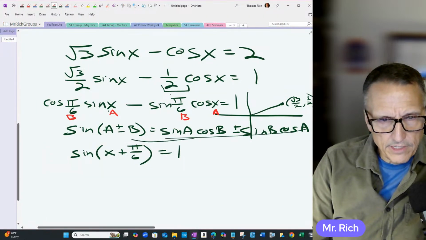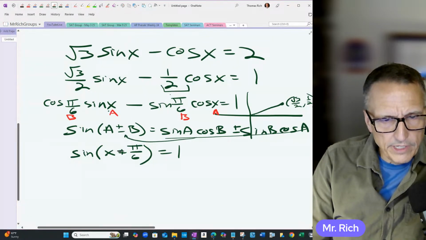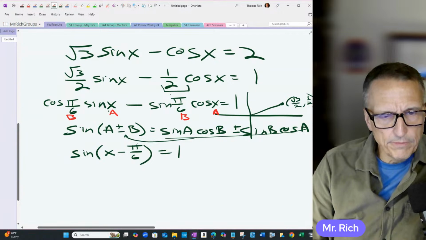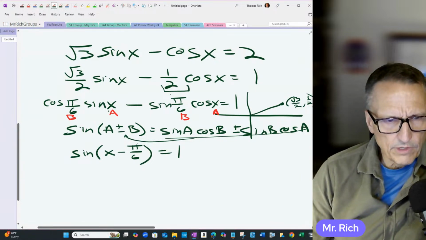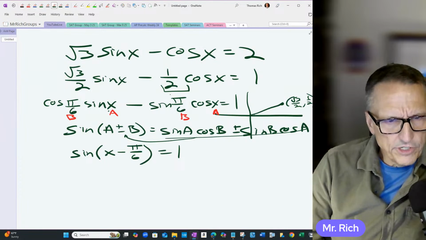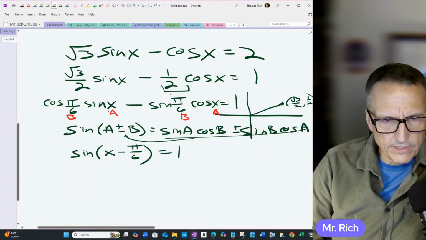I'm taking this and rewriting it like this. Now there's a minus, so we do need to keep that sign right here. That's going to be a minus right there. Okay, and let's just check and make sure that that's right. This would be sine x cosine pi over 6 minus sine pi over 6 cosine x.